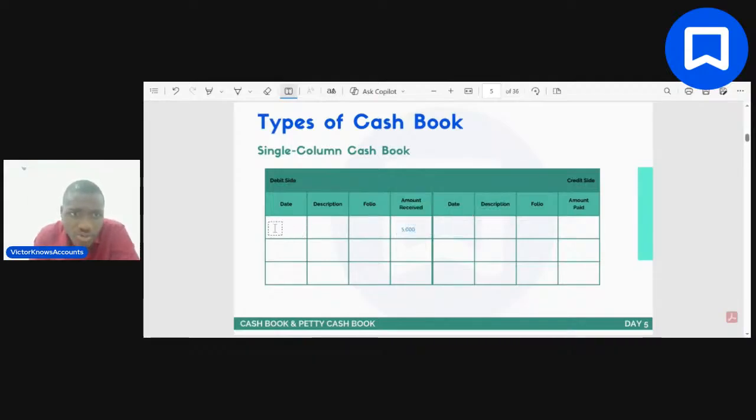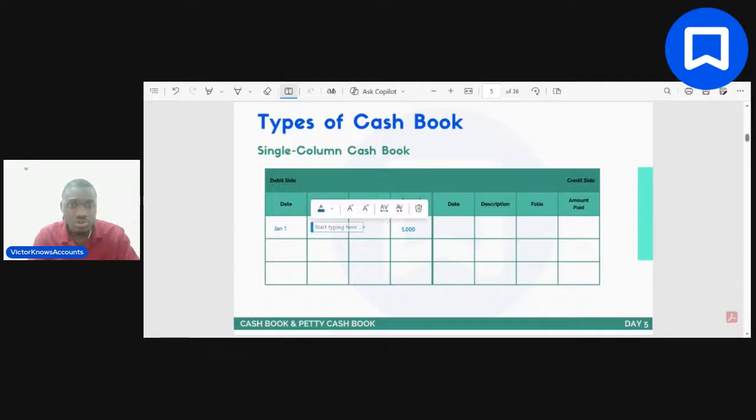So this is the way you fill it up. Let's say we have a transaction like started business with cash. In that sense, we know that cash is the receiver while capital is the giver. So we are debiting cash. So let's say that's January 1. So we say January 1. Is that fine? January 1.